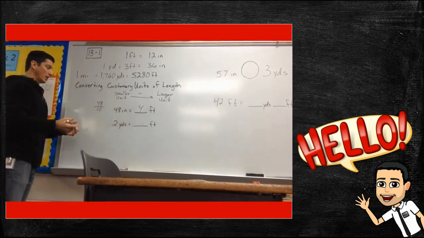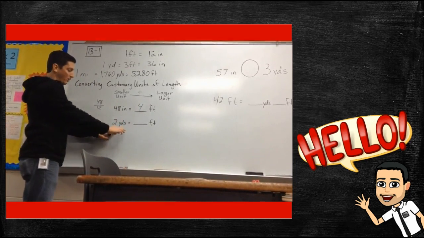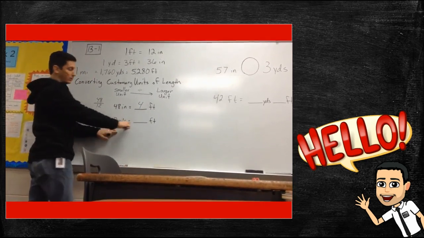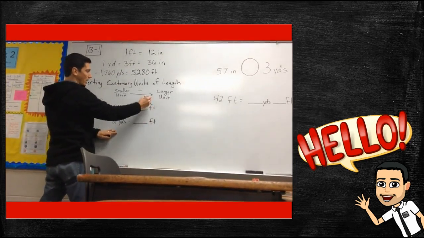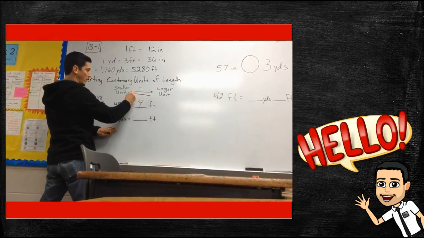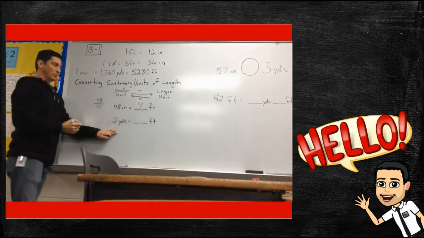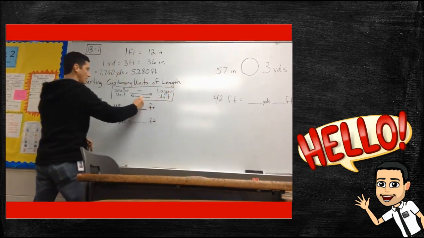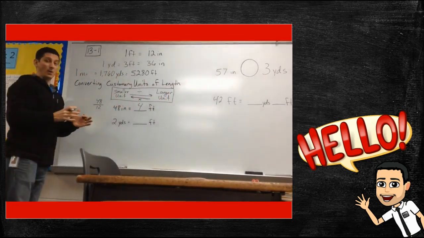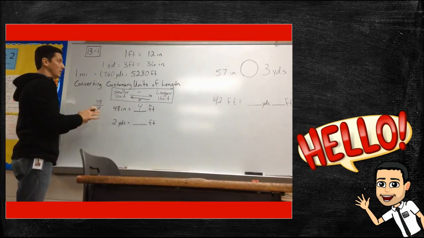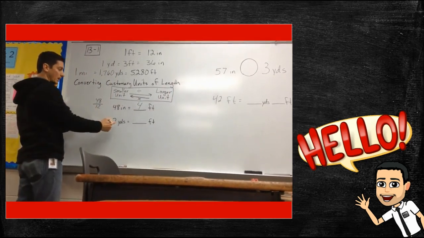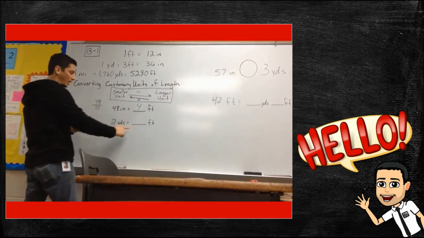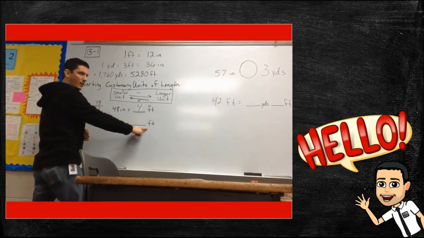And then you're done. So when you have a different kind of problem, that you're going from a larger unit to a smaller unit, you multiply. And this little box right here will be very helpful for you when you do any of these conversion problems. So going from 2 yards to feet, you ask yourself, how many yards are in a foot?